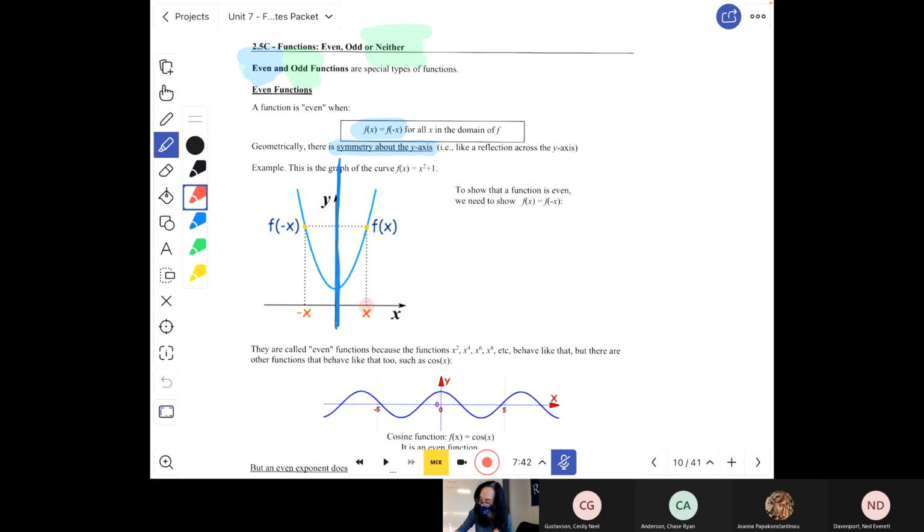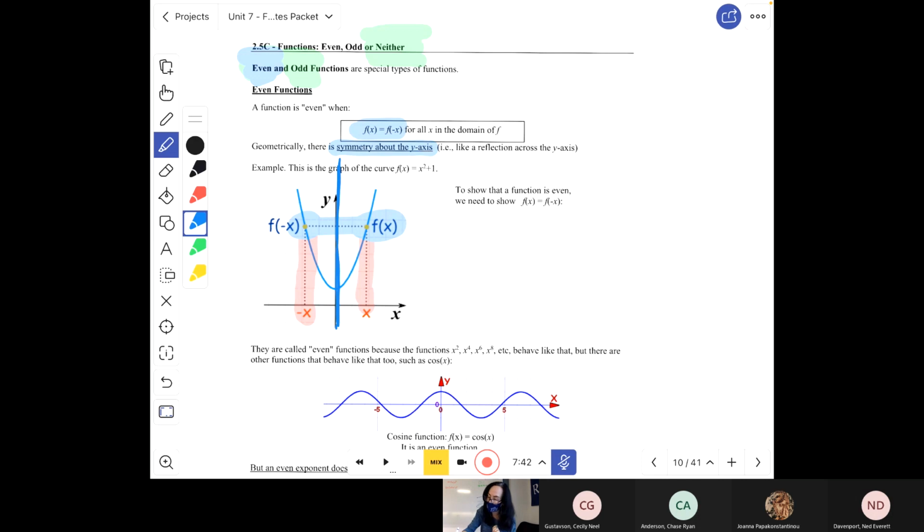So if I'm here at positive x, notice my output is y. If I go the same direction but on the other side of the y-axis, negative x, the corresponding y value is the same y value. So f evaluated at x equals f evaluated at negative x, the opposite of x.